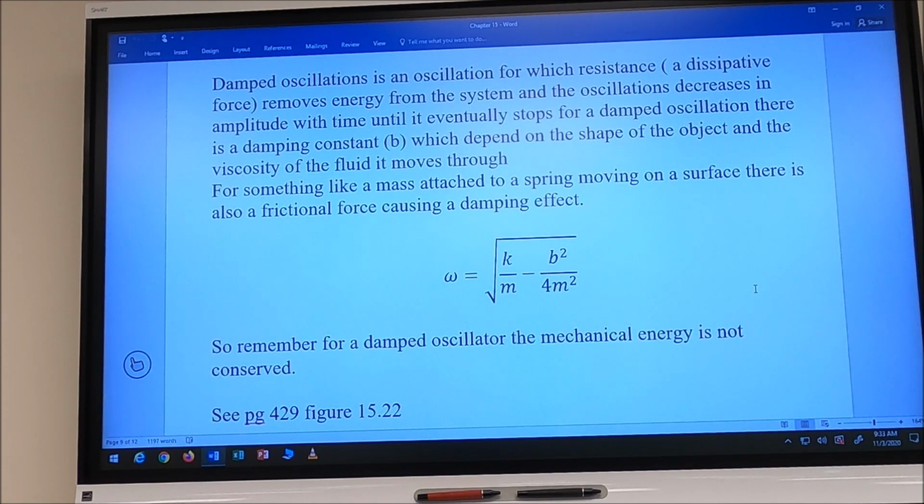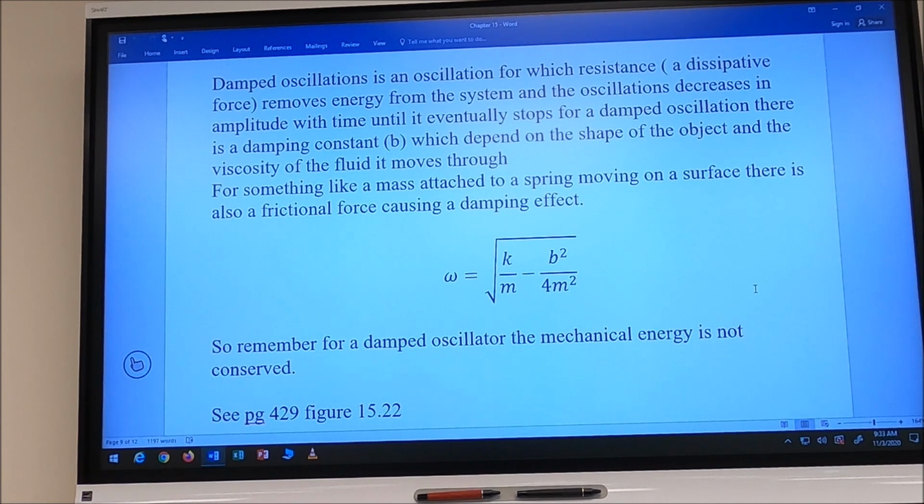How fast the oscillation stops depends on the shape of the object and the viscosity of the fluid that it's moving through. For something like a mass attached to a string moving on a surface, the frictional force is going to act as a dampening force.